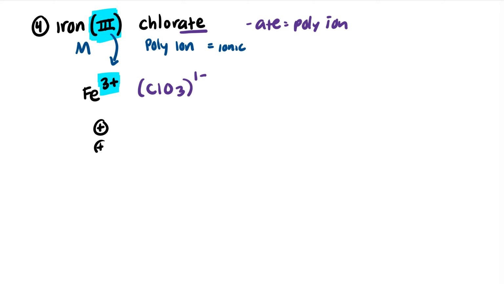1 iron carries with it 3 plus signs because it's Fe to the 3rd plus charge, or 3 positive charge. And then 1 chlorate carries with it 1 negative, because its charge is 1 negative.